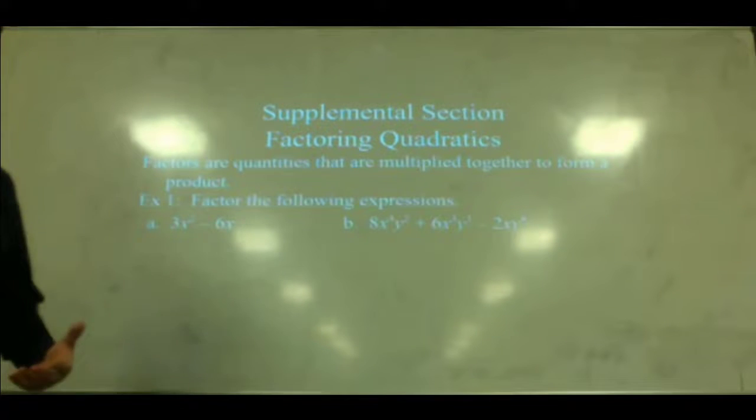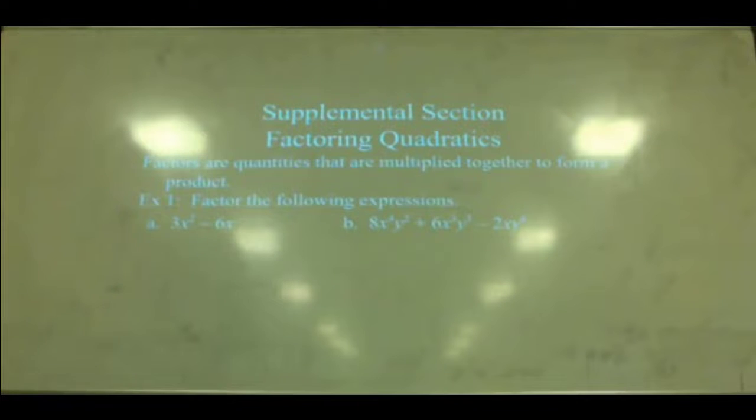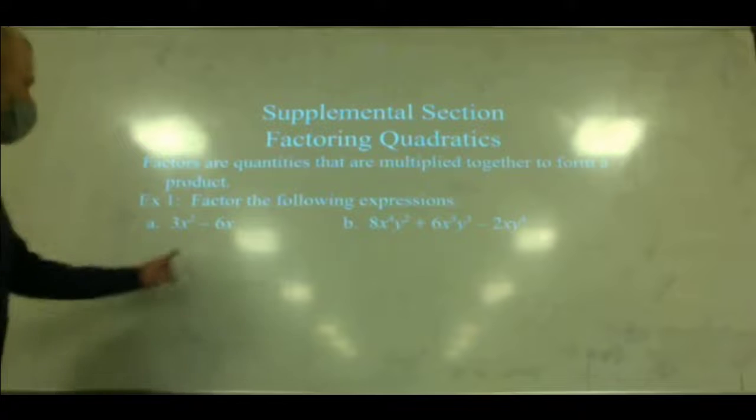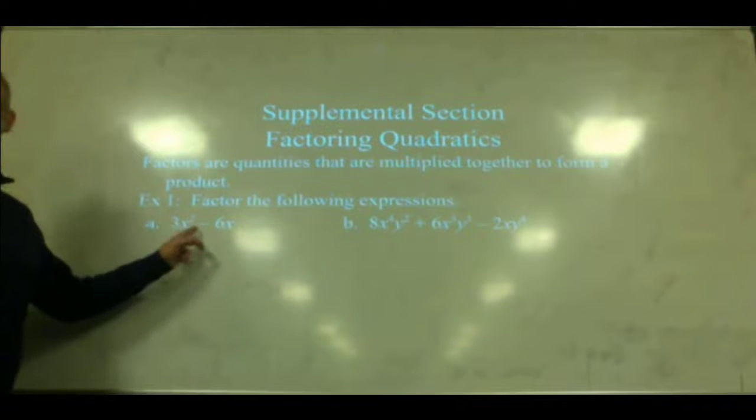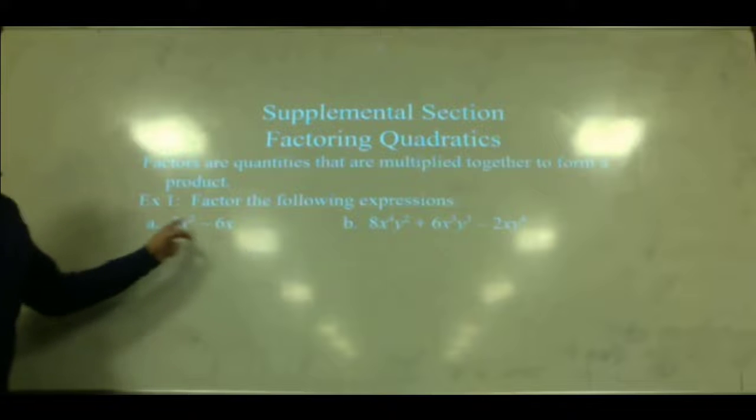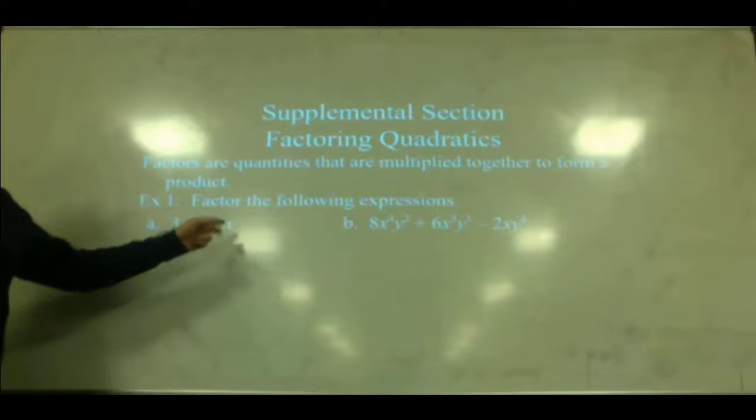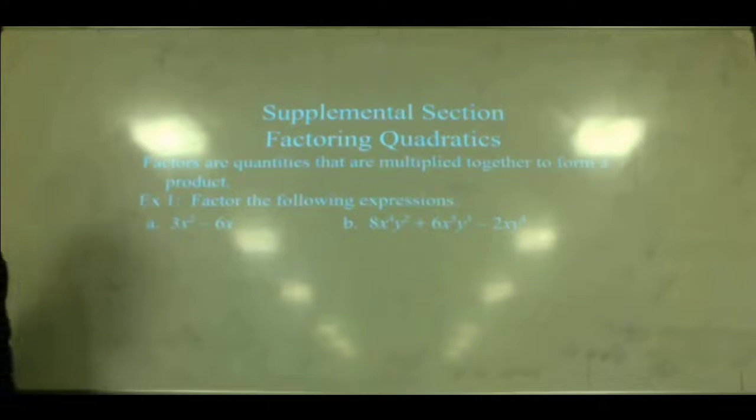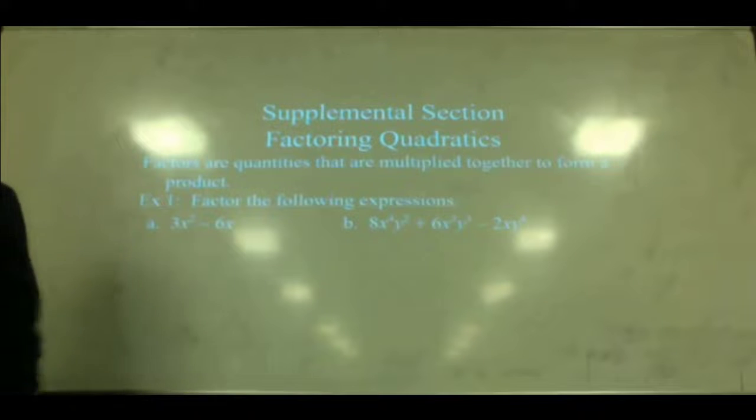So we are going to start out with what is called factoring out a greatest common factor. Just to read this to you, this one says 3x squared minus 6x. I apologize for not having those, I had them printed at my house.